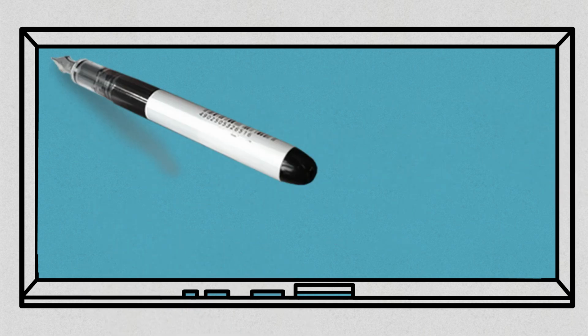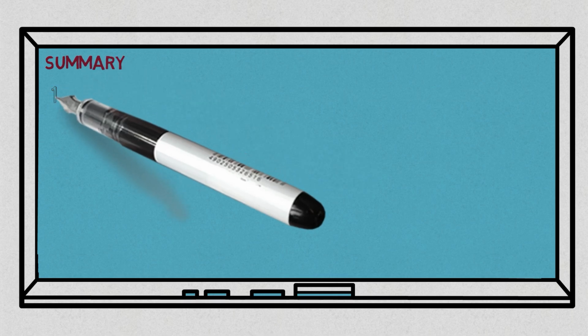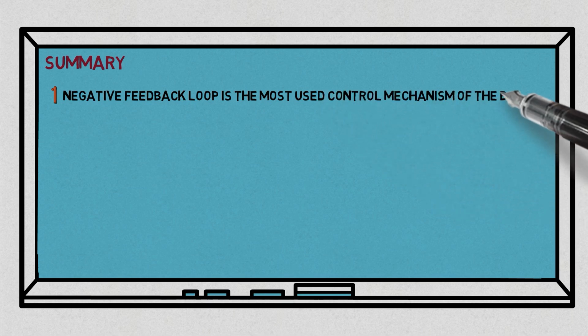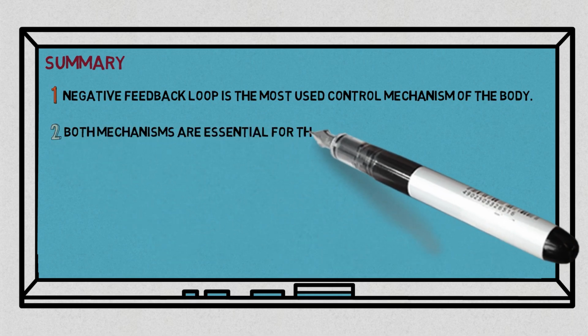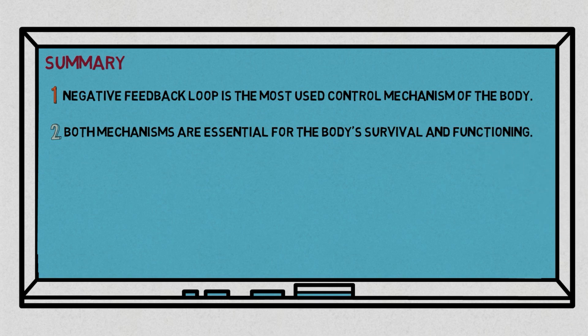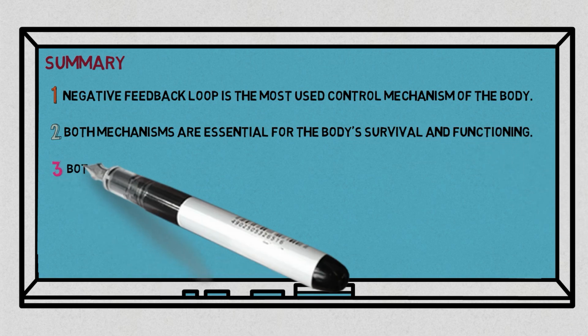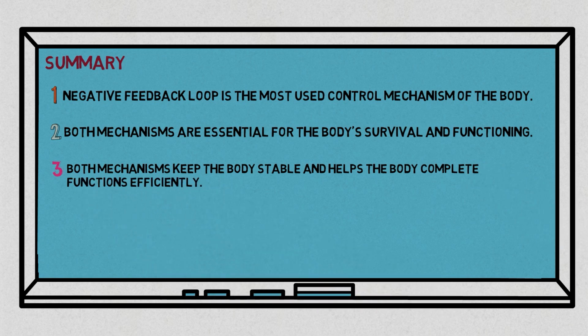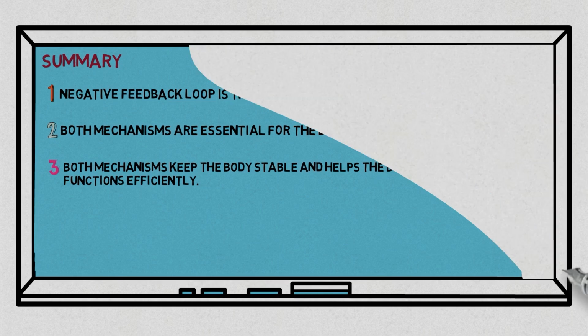To summarize what was learned here, the negative feedback loop is the most used control mechanism of the body to achieve balance immediately without turning such changes into big problems. Moreover, the positive feedback loop is also essential for the body's survival and functioning. Negative feedback keeps physiological conditions stable, while positive feedback helps the body complete necessary processes efficiently.